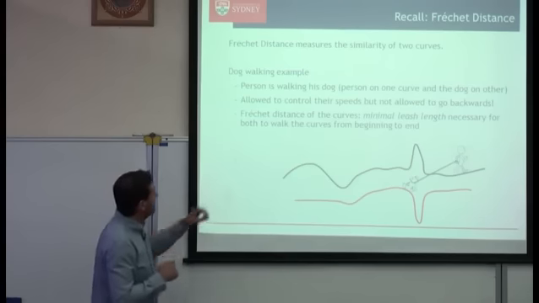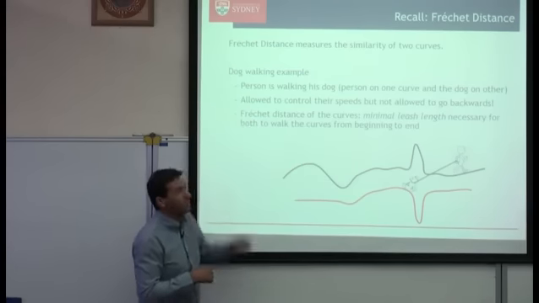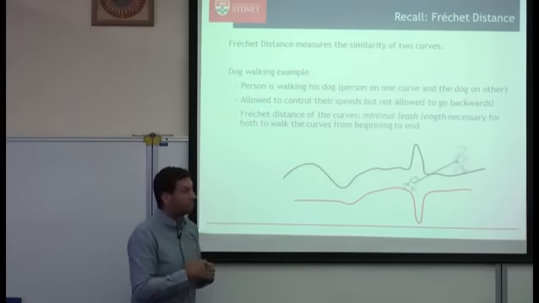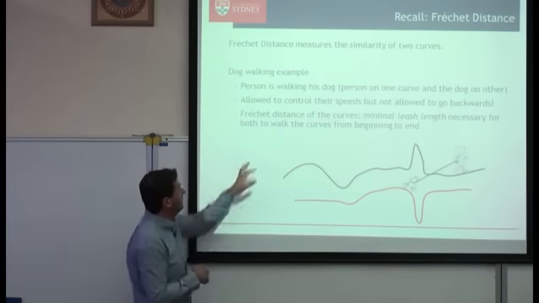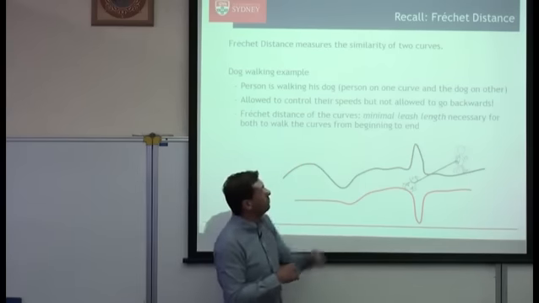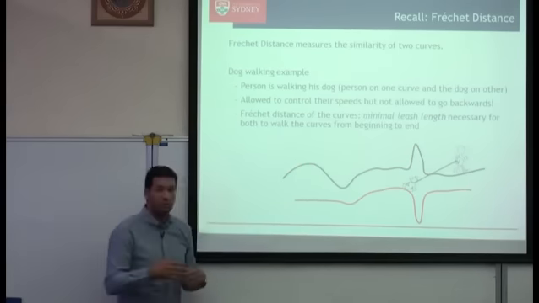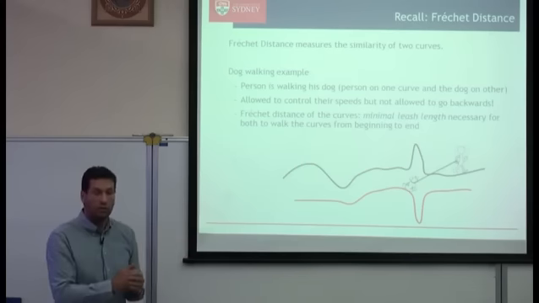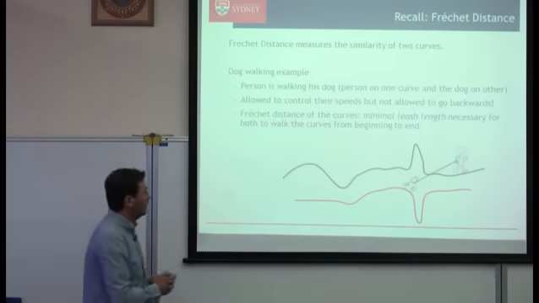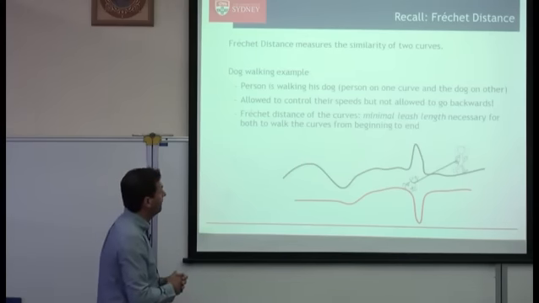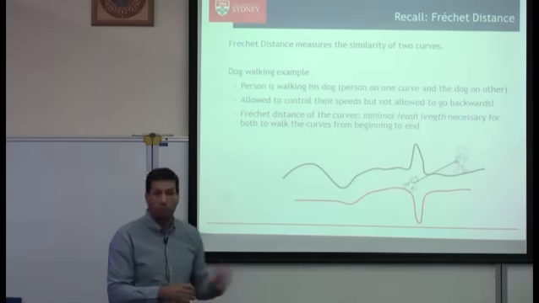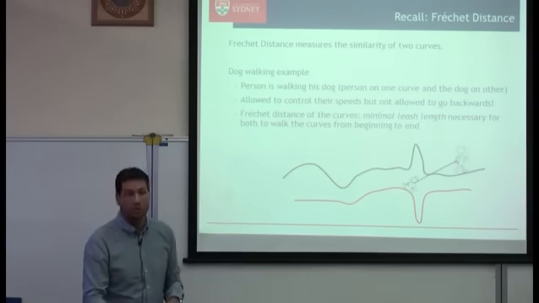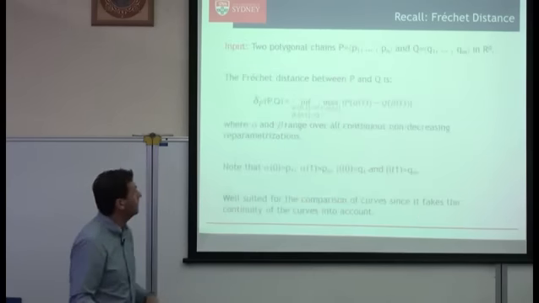So we're allowed to control the speeds, but we're not allowed to go backwards. So the Frechet distance of the two curves is the minimal leash length necessary for both of them to walk from the start of the curves to the end of the curves. Okay? So I hope you'll remember this from yesterday, at least.